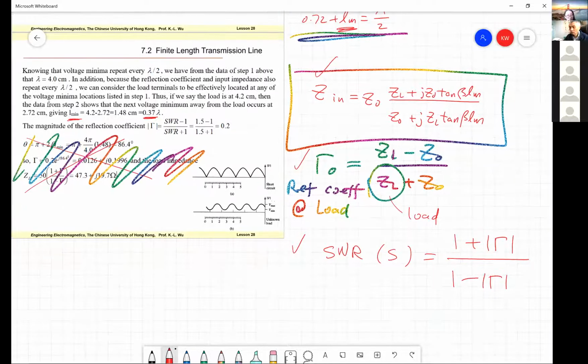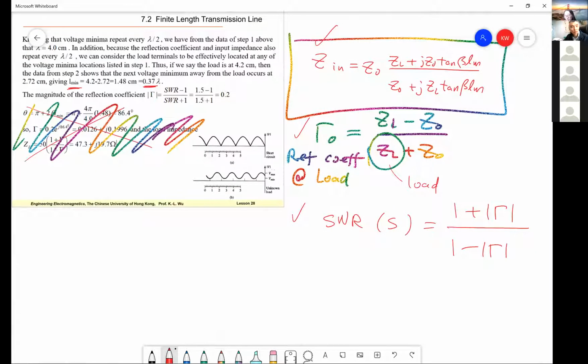The standing wave ratio S is related to the real part of the load compared to the characteristic impedance. If it is larger than this, or reverse it, flip it.